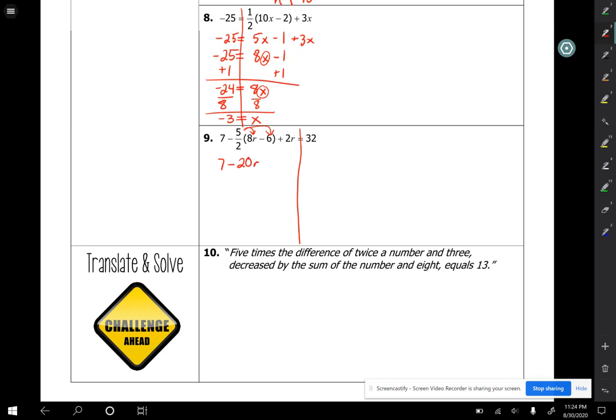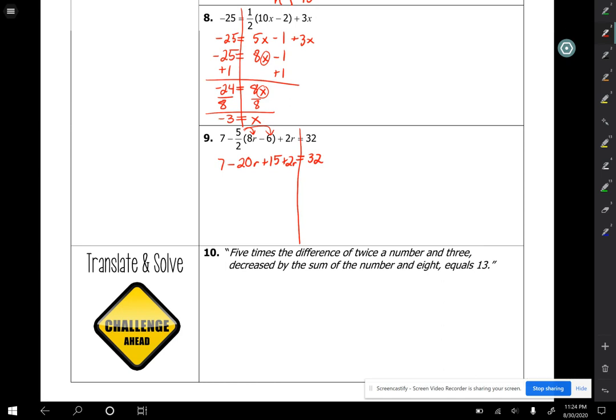And then the same thing for the other one. Parentheses, negative 5 divided by 2, close my parentheses, times negative 6 equals 15. Positive 15 plus the 2r equals 32.